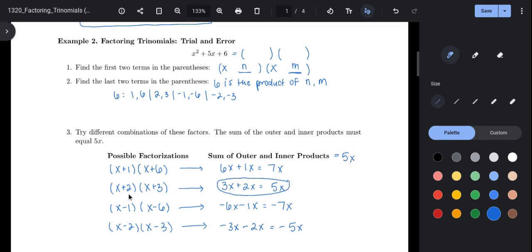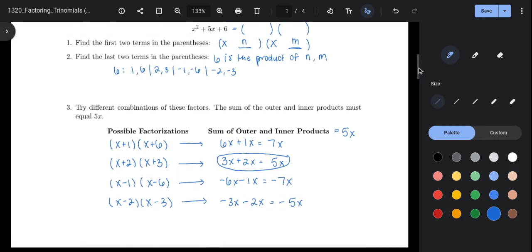So you'll see that there is only one possibility that gets us a sum of 5x, and that is when our factors are x plus 2 and x plus 3. So we have found our factors. So I can rewrite this as x squared plus 5x plus 6 equals x plus 2 times x plus 3.